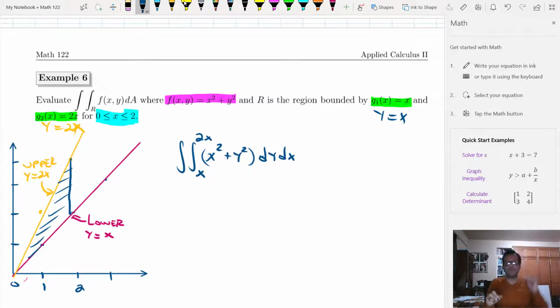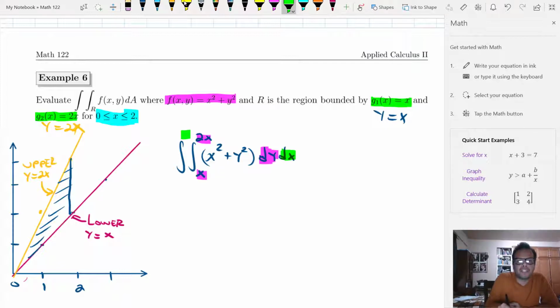Notice we're not going from 0 to 1, or 1 to 4, like the other integrals. Now we have actual functions bounding that region, and that's for y. Now for x, let's highlight the x's.